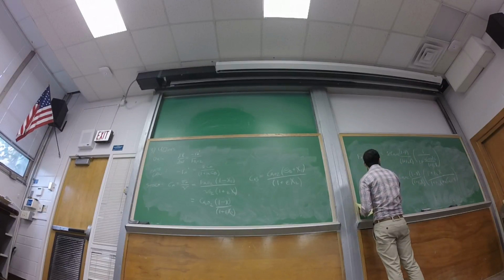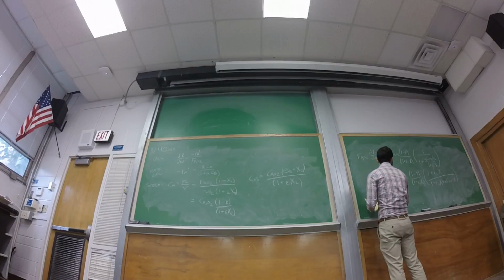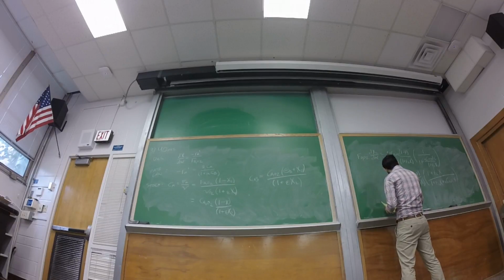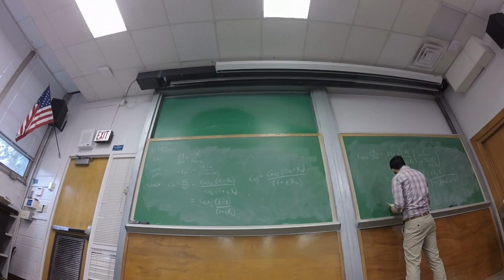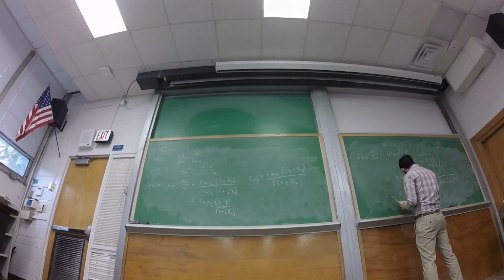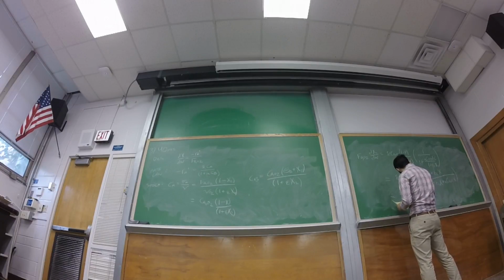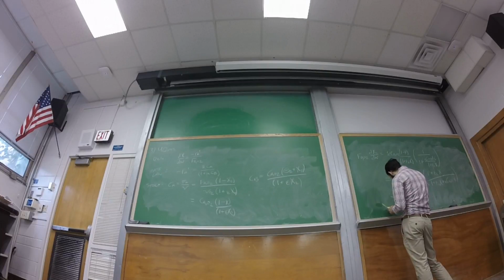Okay, so this simplifies out to just K times CA0 times 1 minus X over 1.